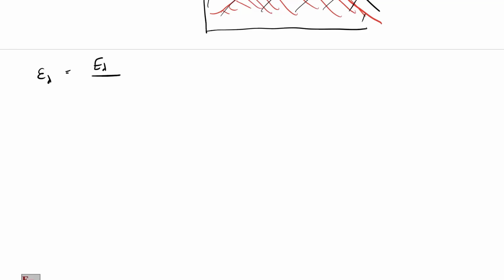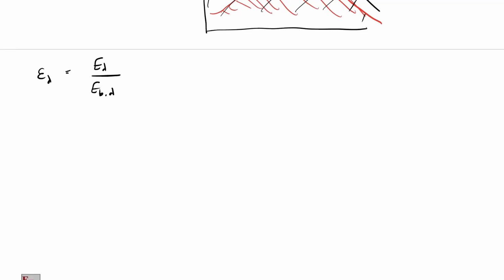All right, so let's see. We start off with our definition of spectral hemispherical emissivity, which is equal to E at a given lambda divided by EB at a given lambda. So let's see, what do we want to do here?